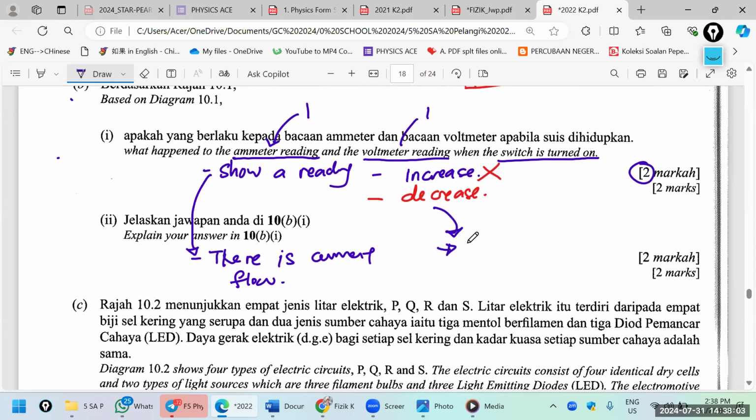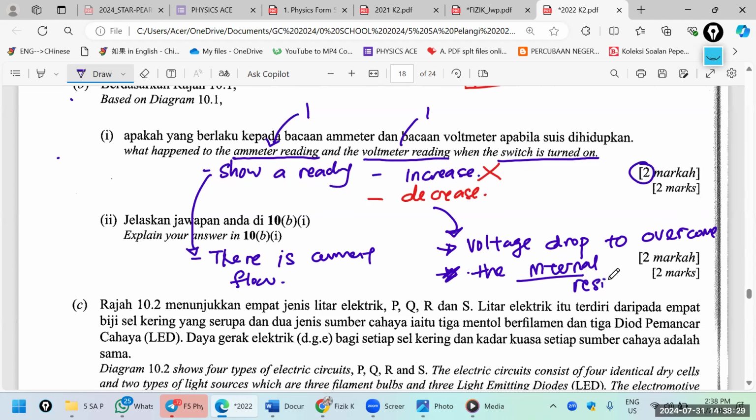Because we can say voltage drop. Then you add more: voltage drop to overcome the internal resistance.